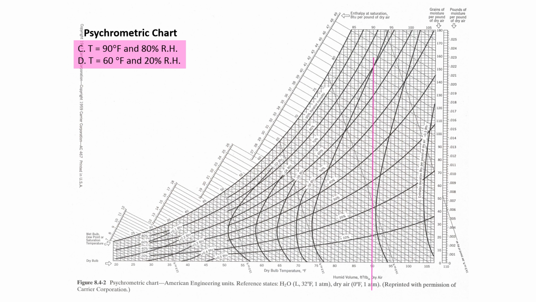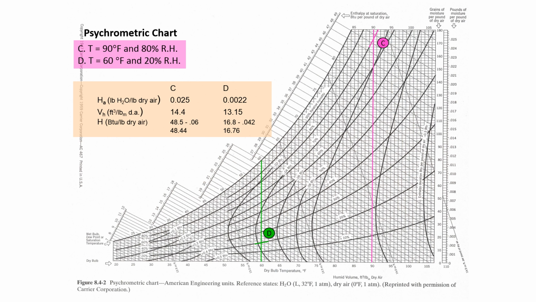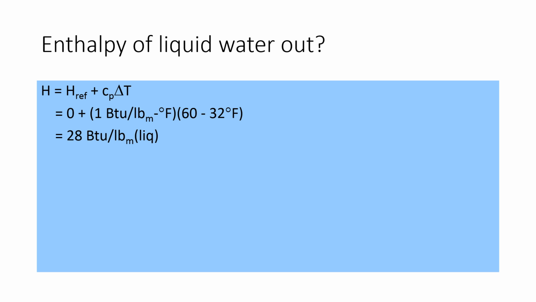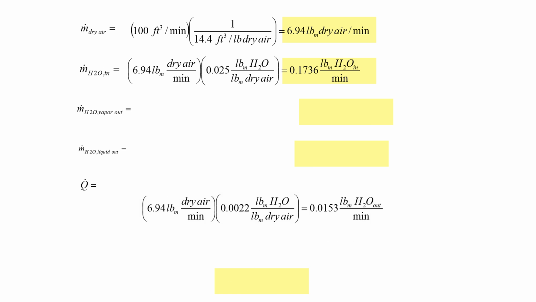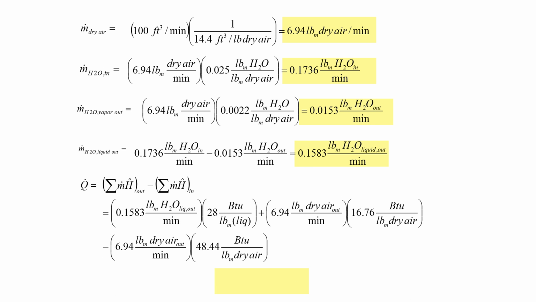Here's C and D. Okay, all of the values associated with those as well. And then there's how we found the liquid water out. And then we did the calculations to get our mass flow rates, our liquid out, and then our Q for the heat that had to be removed from the system. Okay, and that equaled 1.08 tons of cooling.